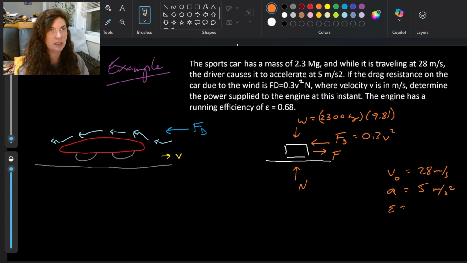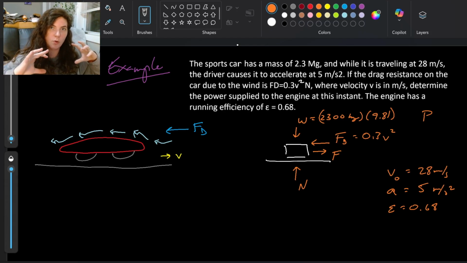So our efficiency is 0.68, and we're trying to find our power supplied to the engine. The power supplied to the engine is the power that is going in. The power that is going out is the one that is actually causing the force; it has to deal with the actual forces happening on the body.